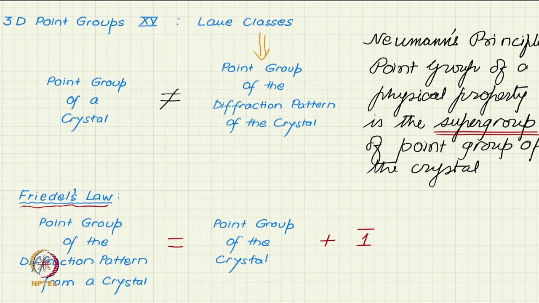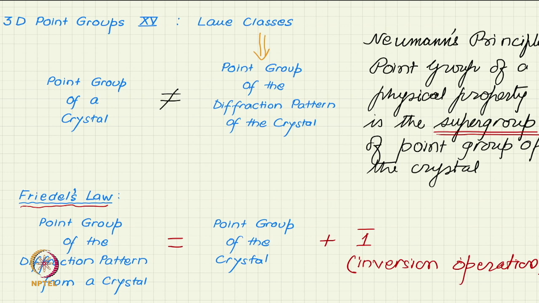The center of inversion, 1 bar, or an inversion operation, you can say, will automatically get added to the symmetry of the diffraction pattern. So, you add an inversion operation to the point group of the crystal, and you will get the point group of the diffraction pattern.